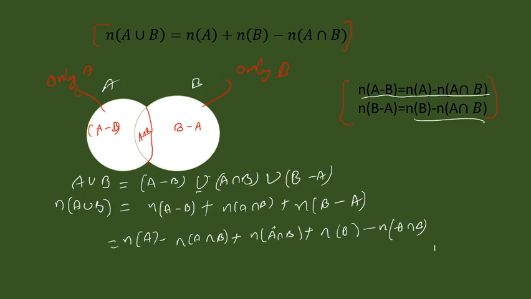Now these get cancelled, so I hope you got the answer: n of A plus n of B minus n of A intersection B. This is the formula for n of A union B.